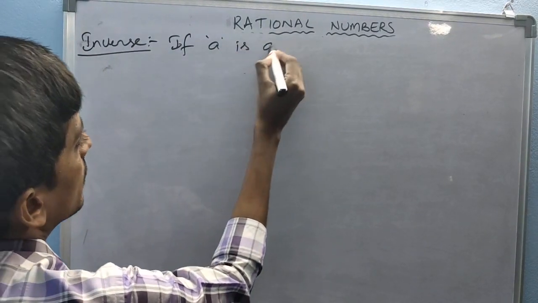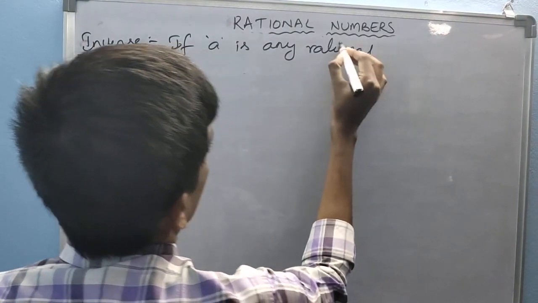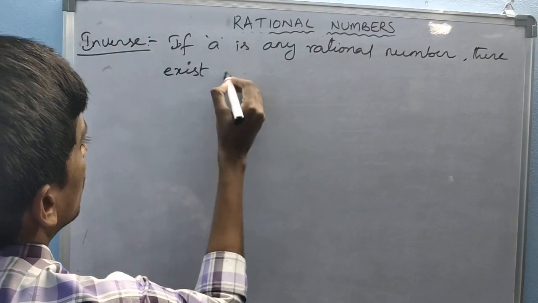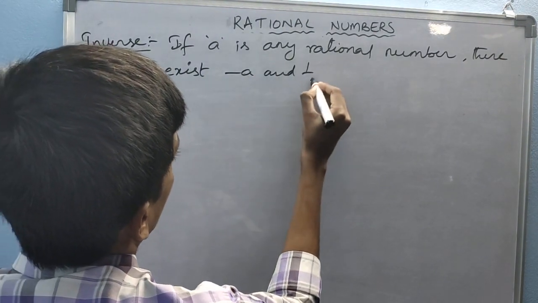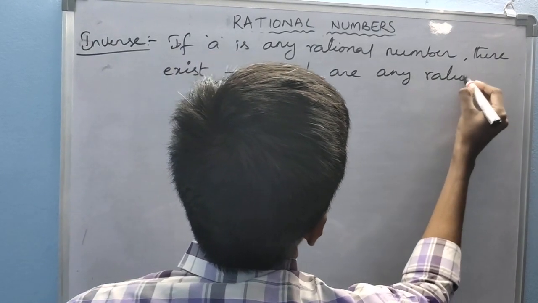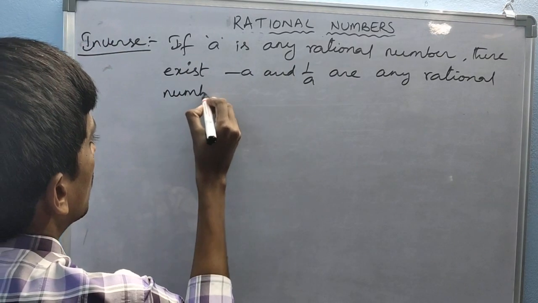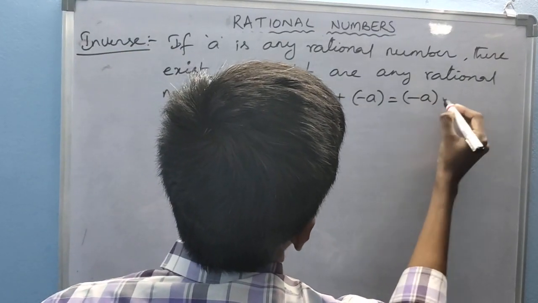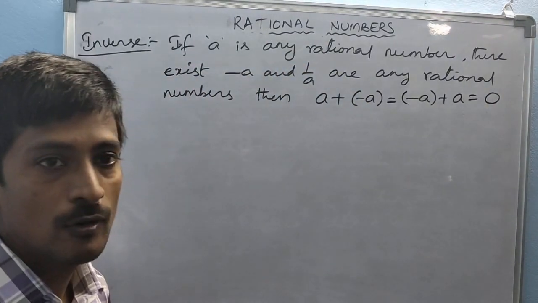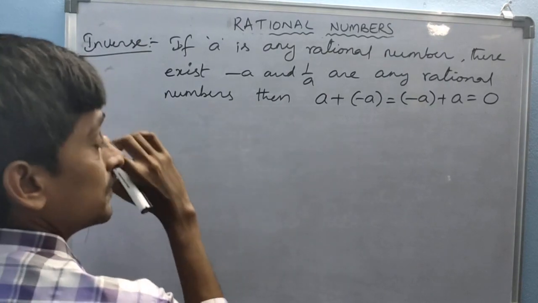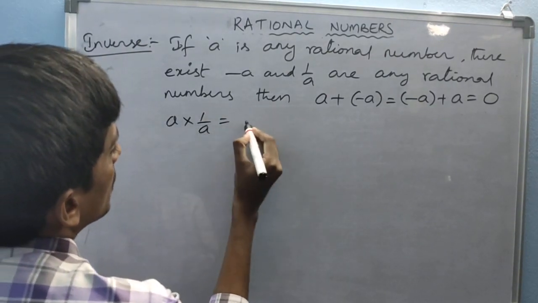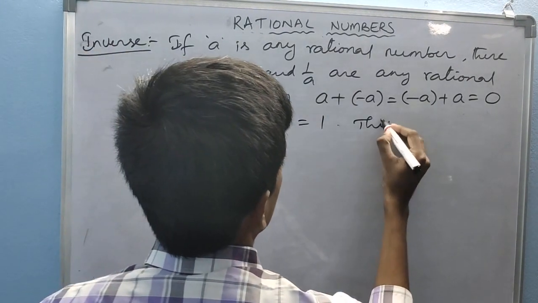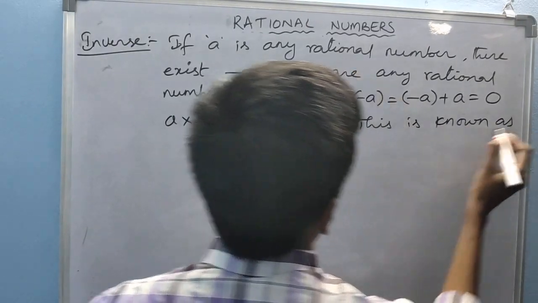If A is any rational number, there exists minus A and 1 by A, which are rational numbers, then A plus minus A equals minus A plus A equals 0, or A into 1 by A equals 1 by A into A equals 1. This is known as inverse.